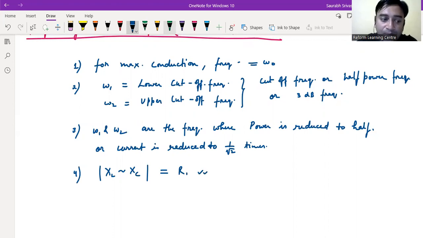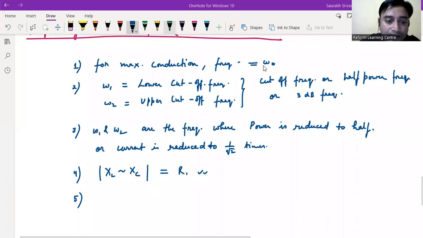In the first case, put XL minus XC equal to R for omega 2, and for omega 1, put XC minus XL equal to R. Clear? यहाँ तक कोई problem? Students, 13 students. यहाँ तक कोई problem है?